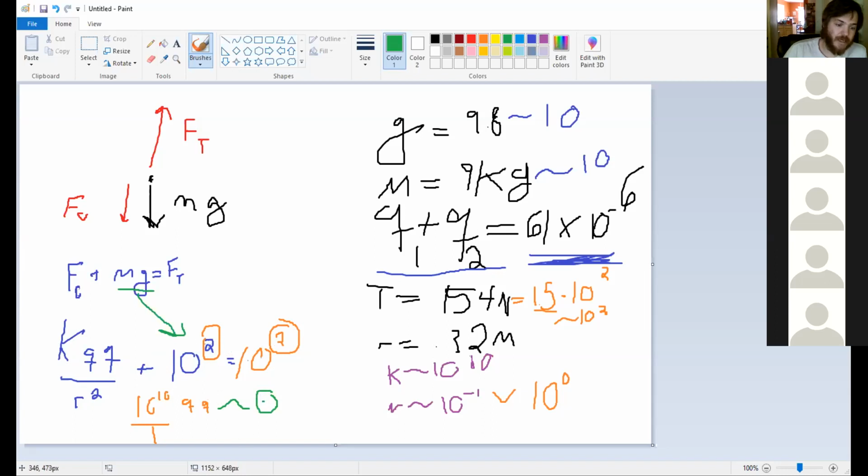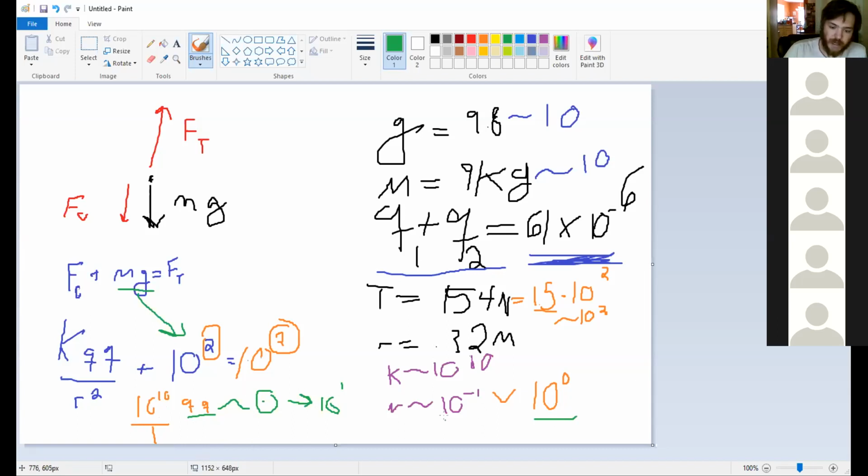So 1/10 of 10 squared is 10 to the 1. So it's about equal to 0, which implies that it's about equal to 10 to the 1. And this is the lower estimate because I used the upper estimate for R. So that would give us Q1, Q2 is about equal to 10 to the negative 9, which gives us around an estimate of 10 to the negative 5.